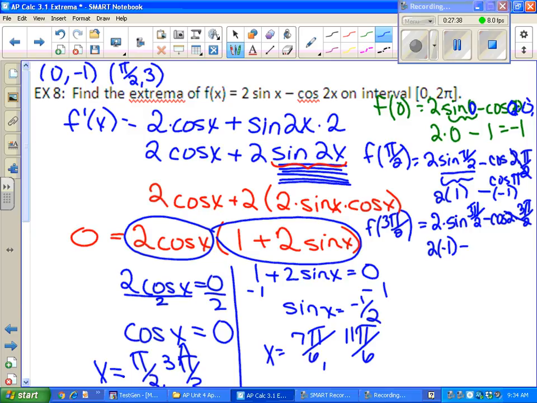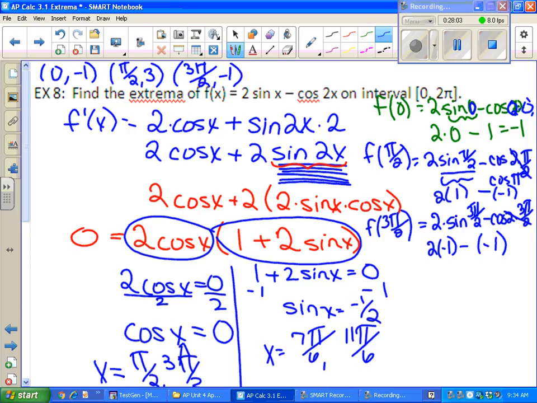Can you do the pi key divided by 2? Just see if that works for you. So this is still going to be negative 1. Negative 2 minus negative 1 is negative 1. So at 3 pi over 2, we're getting negative 1.